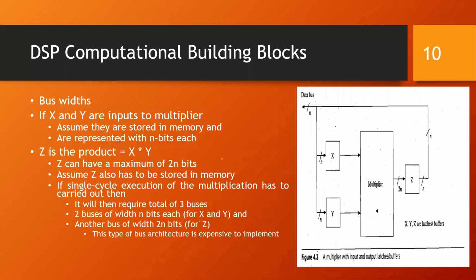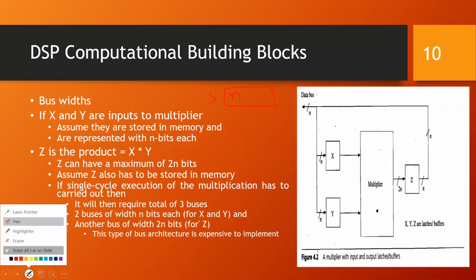So here you can see that in addition also that is possible. That is, the overall result is greater than n bits. Now similarly in multiplication also we have a similar kind of problem.